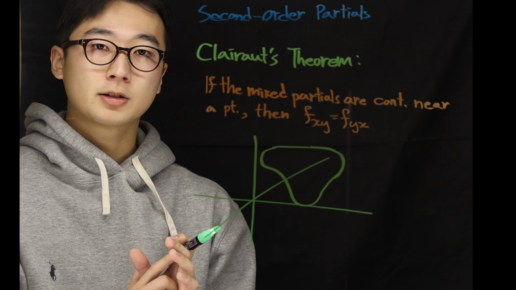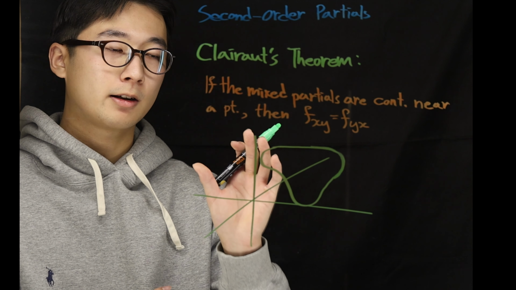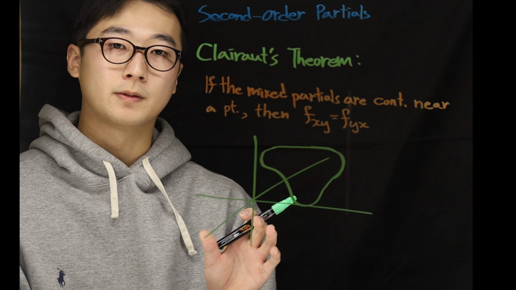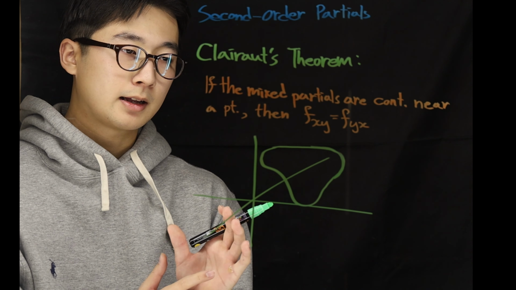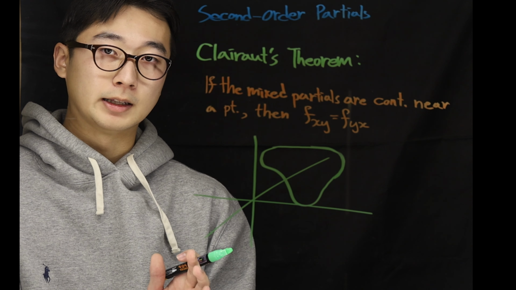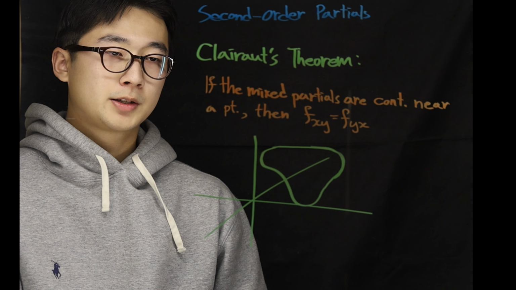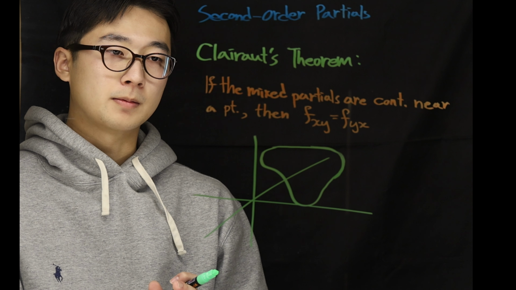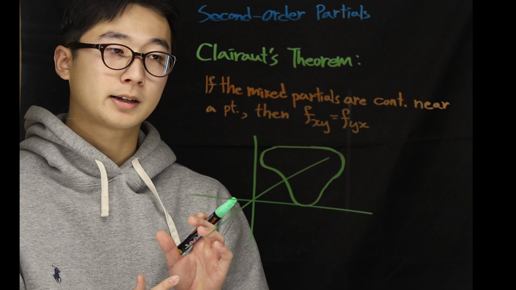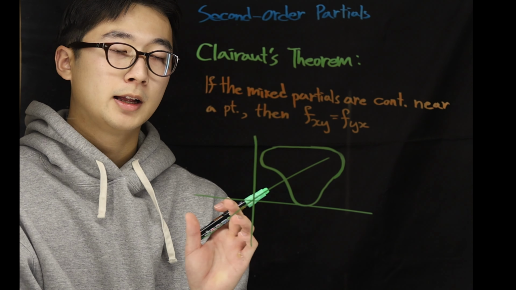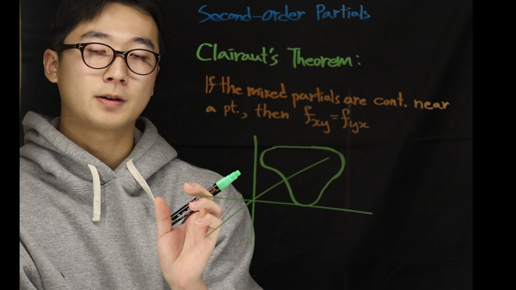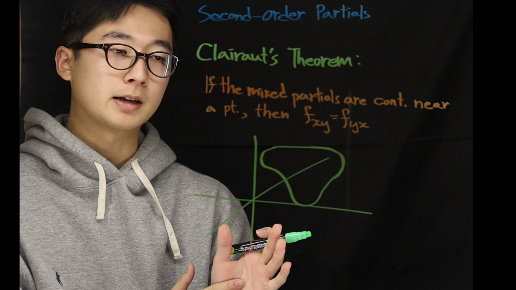One important thing to keep in mind is that this theorem is not about the definition of differentiability. It is just a consequence of smoothness. So the existence and continuity of mixed partials do not guarantee that first-order partials behave well enough.